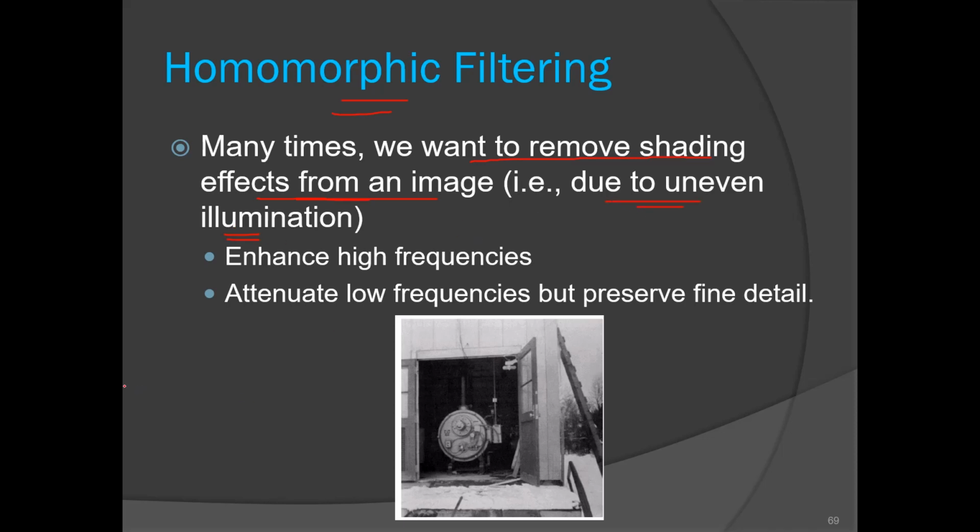If you remember, we can represent our original image as a product of an illumination term and a reflectance term. Every image has two components: illumination, that is the energy coming from the source, and reflectance, that is the energy reflected by the object.